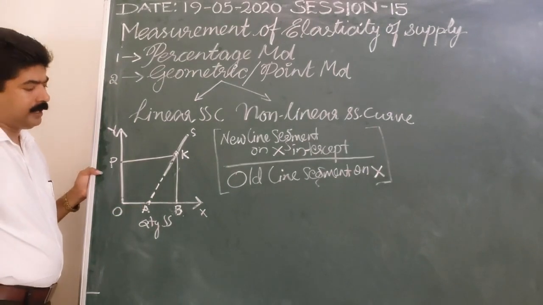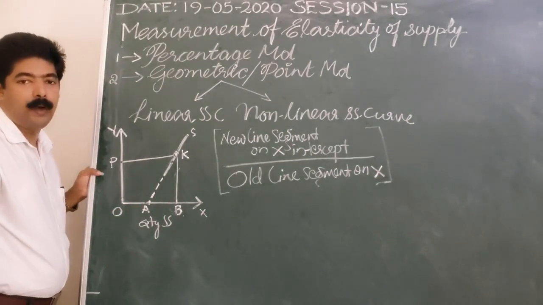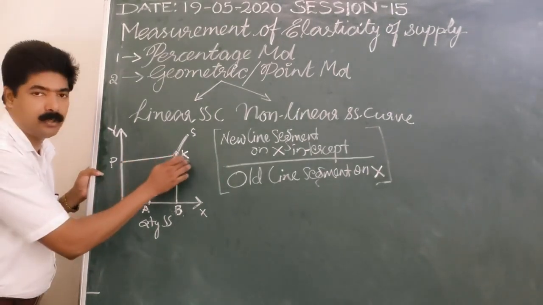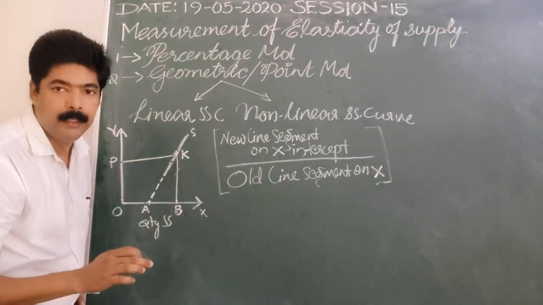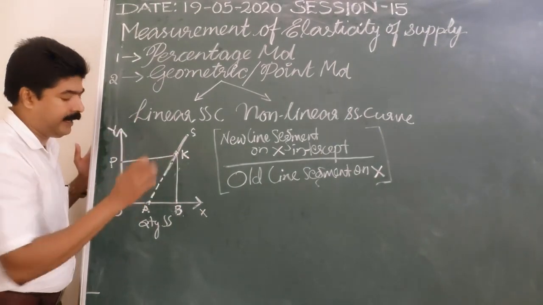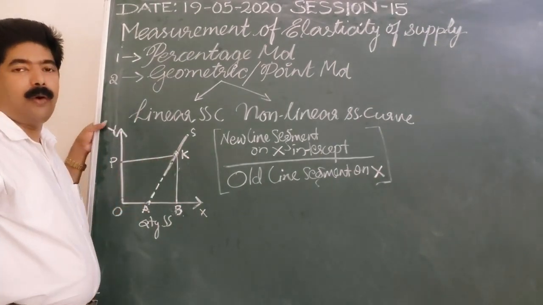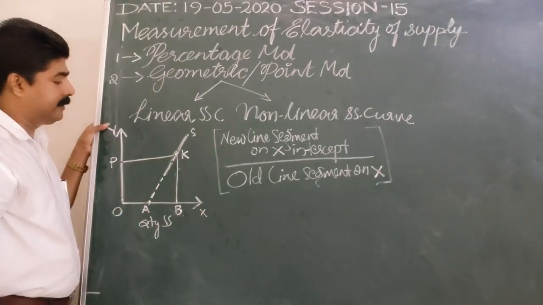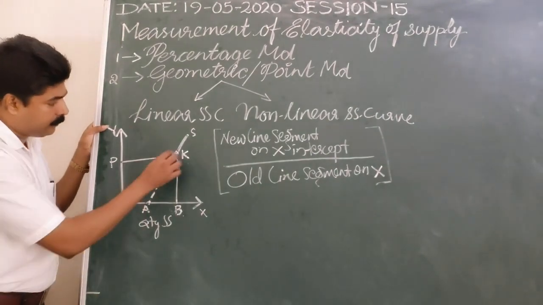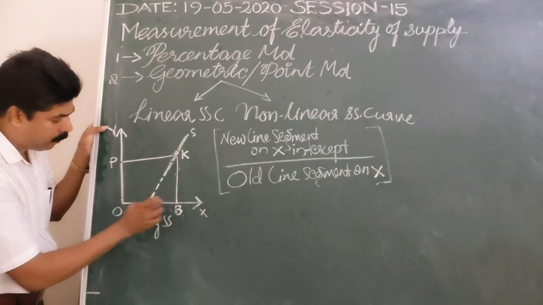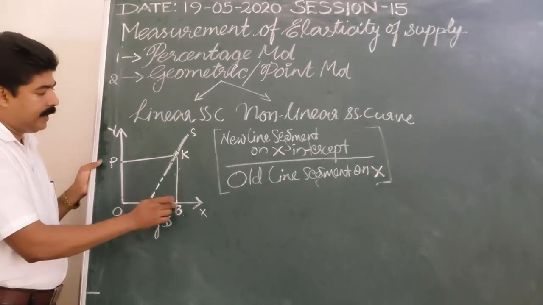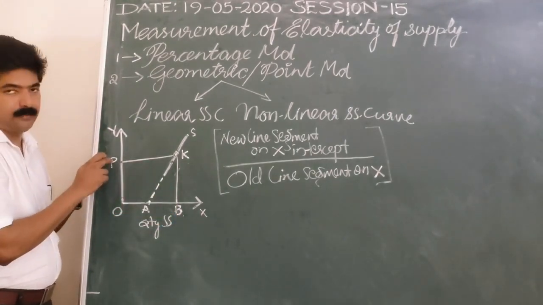Now we can calculate the value. Here it is asked to calculate the price elasticity of supply at point K. At point K, what level of quantity is supplied at what price? Very simple. At point K, OB is the level of quantity supplied, and OP is the price.